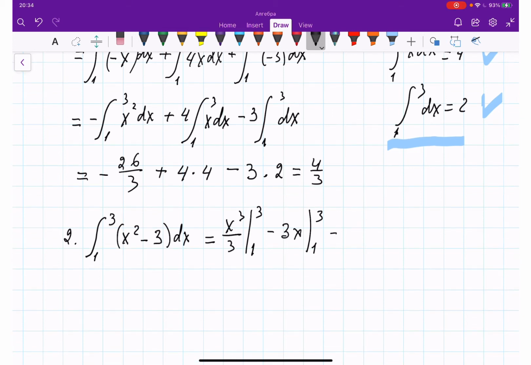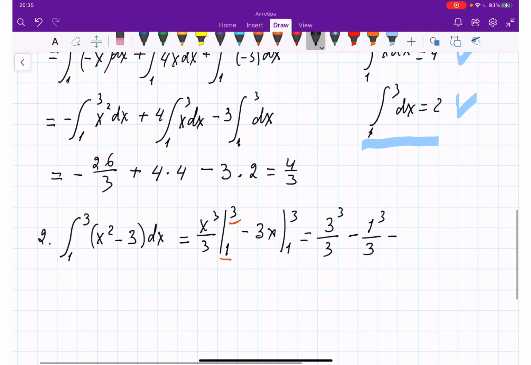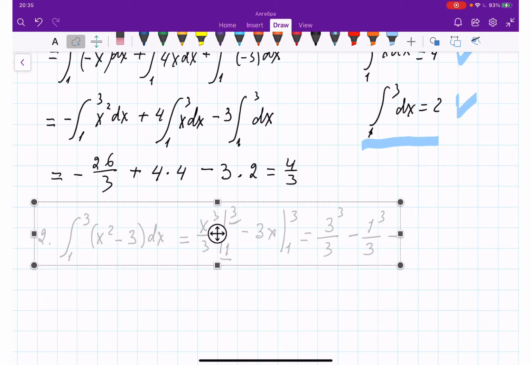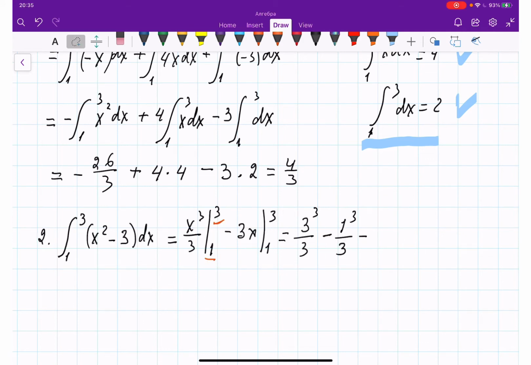So I'm plugging in 3 cubed over 3, using this 3, minus, next I'm plugging in this 1, so it's going to be 1 to the power 3 over 3. Minus, see, I put parentheses because I'm going to add some parentheses there, and I will need to change the sign. You'll see.